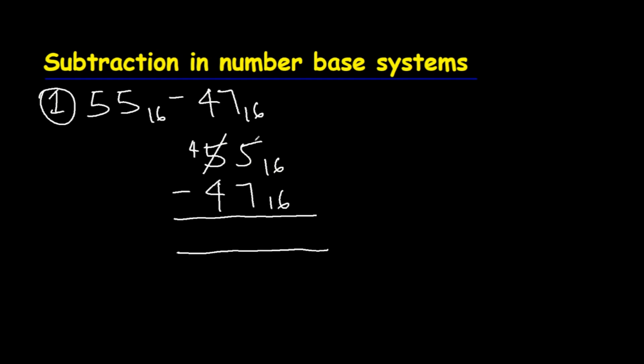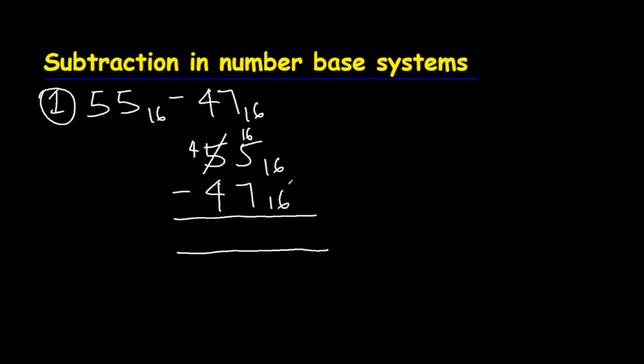And don't forget, because we are operating in base 16, the 1 automatically becomes 16. So here is 16. So this operation becomes 16 plus 5. 16 plus 5 is 21. Then 21 minus 7 is 14.